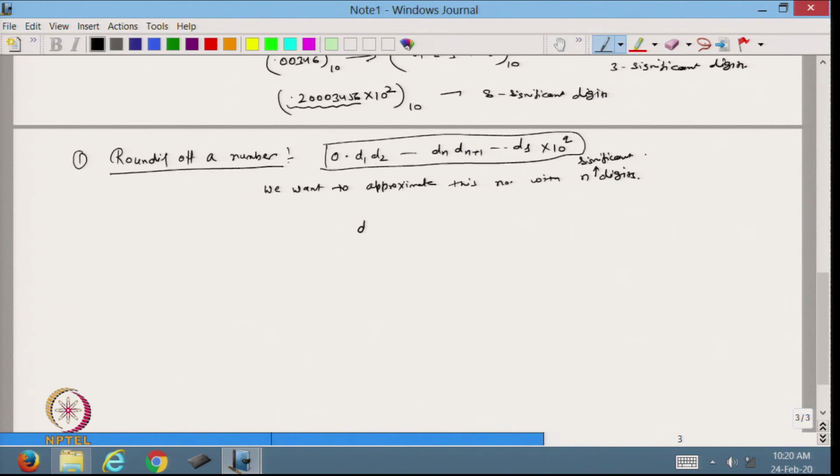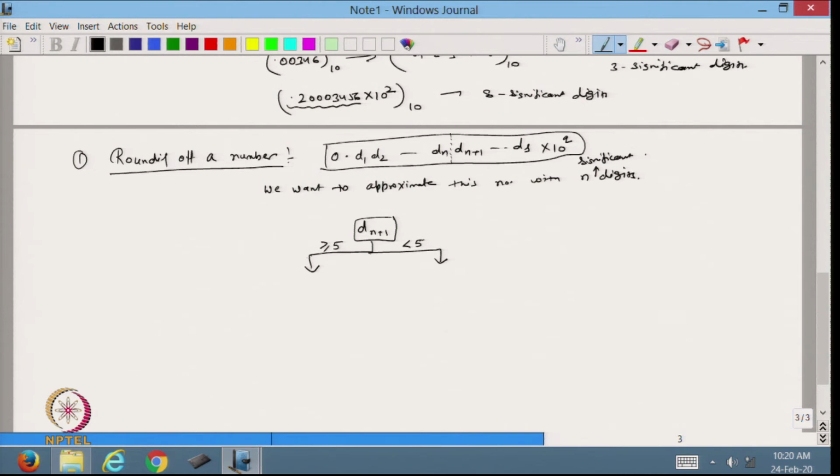Here I want to approximate or truncate this number, so I have to take care of the value of the digit at the n plus 1 place. If dn plus 1 is greater than or equal to 5, or less than 5, what will happen?